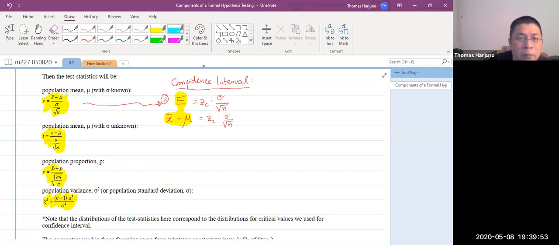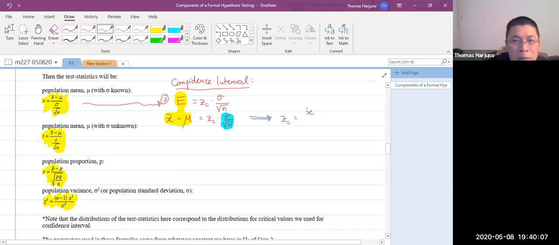Now, divide both sides by the standard error. If you divide both sides by standard error, then you will get that the test critical value will be x bar minus mu over sigma over square root of n. But in hypothesis testing, we will call that the test statistic. In the past, we knew the critical value from the confidence level.